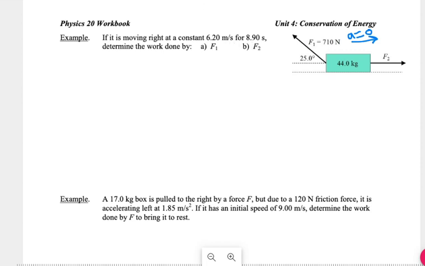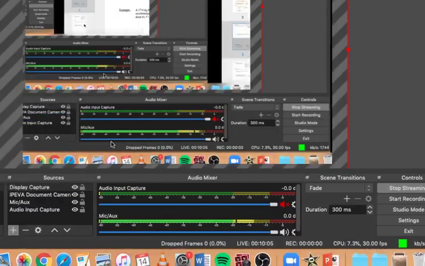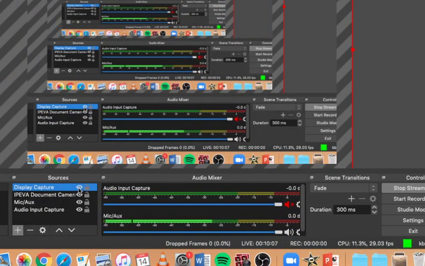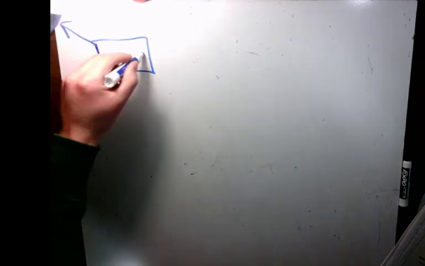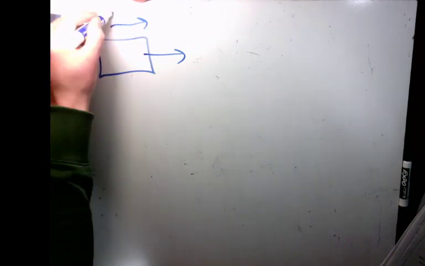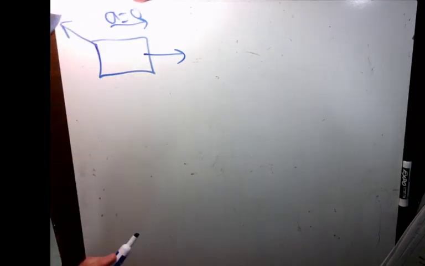I'm going to move on to my whiteboard so you don't have to struggle with this online trackpad nonsense. So we have our box with our F1 and our F2, and zero acceleration.